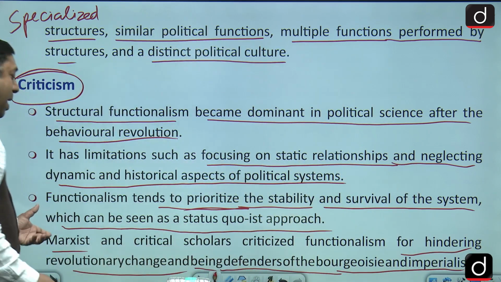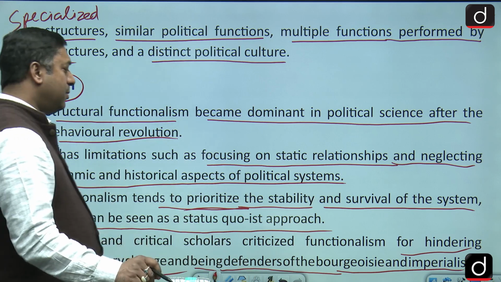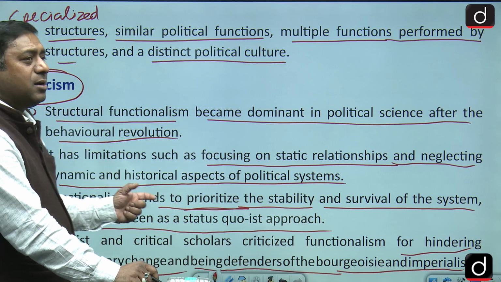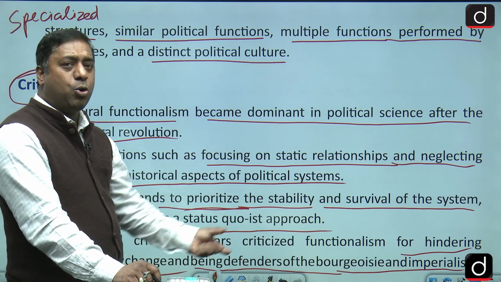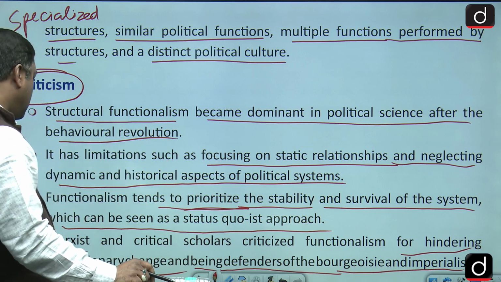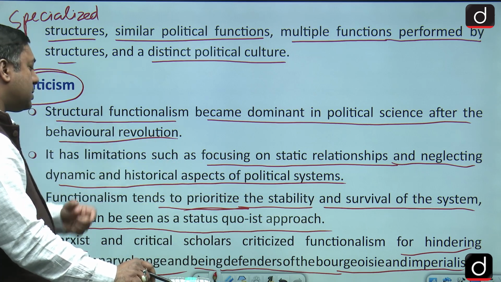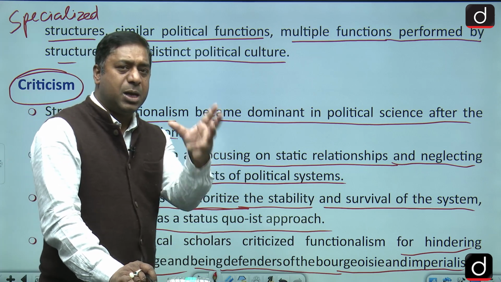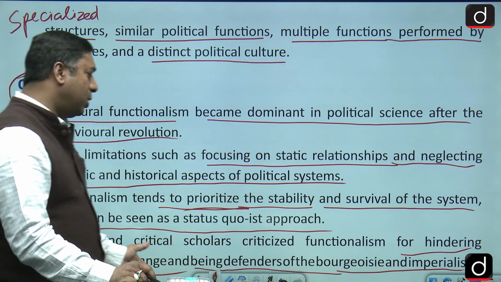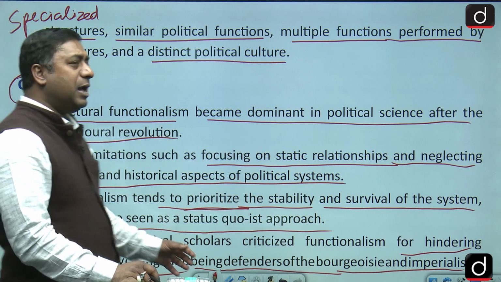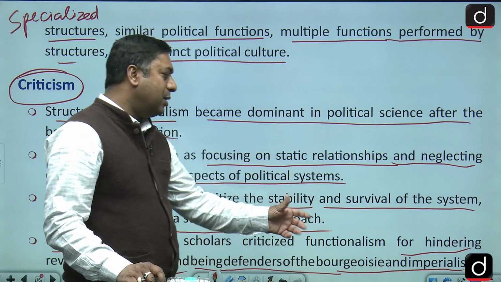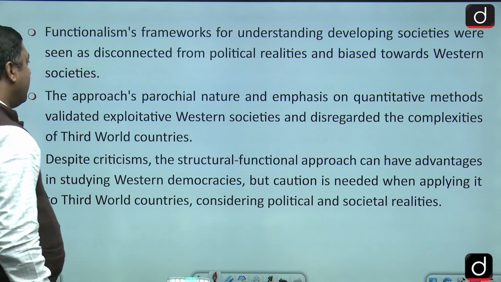That means this approach is causing hindrance to revolutionary changes, whatever revolutionary changes are being brought, and they are defending the bourgeois, that is the rich class, and the imperialist class.